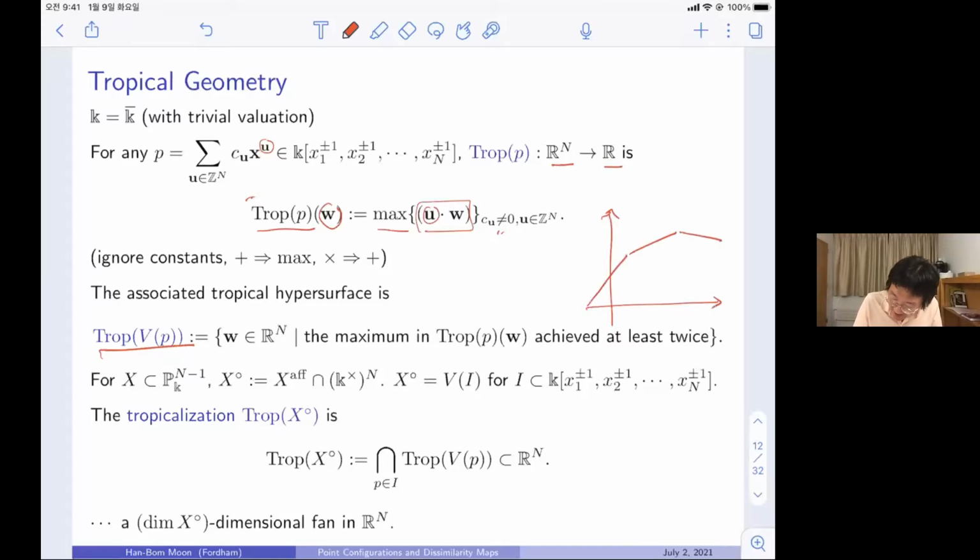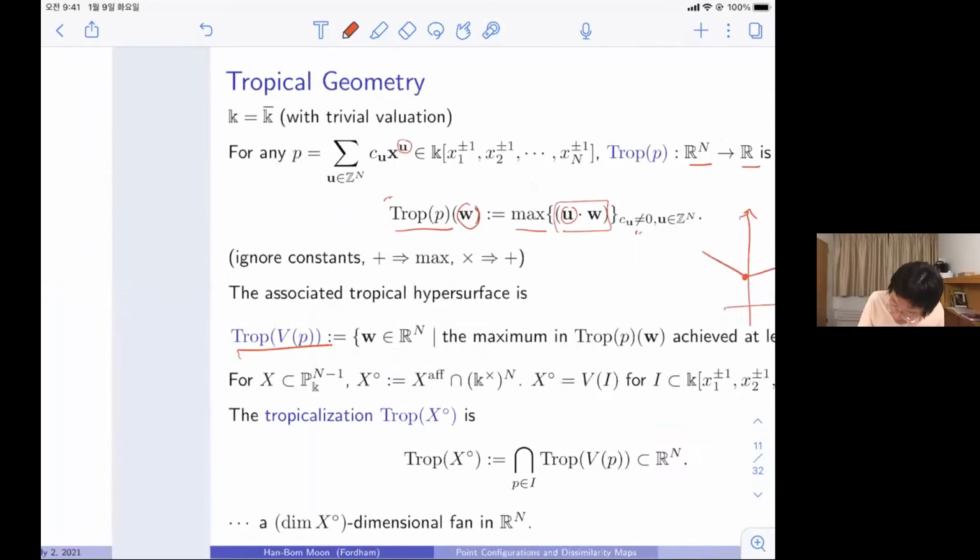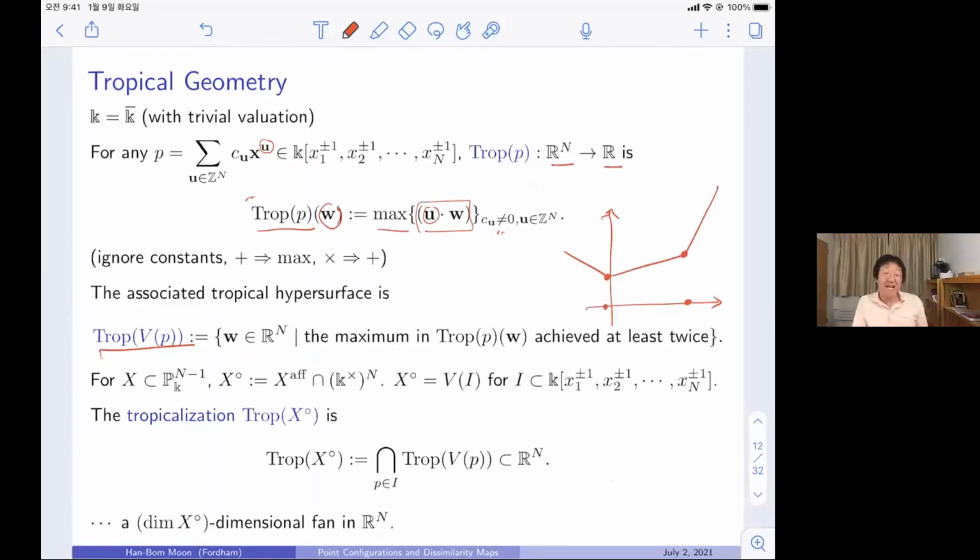This is a maximum, so this is the maximum of a row of linear graphs. Then there are finitely many points where the maximum is achieved at least twice. In other words, the graph is non-smooth. The set of these points on the domain is the tropical hypersurface.